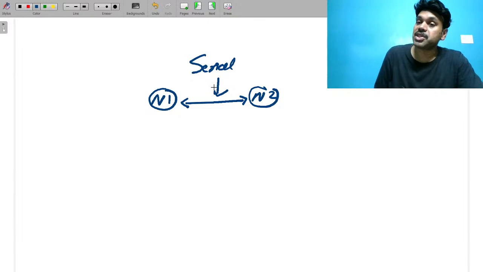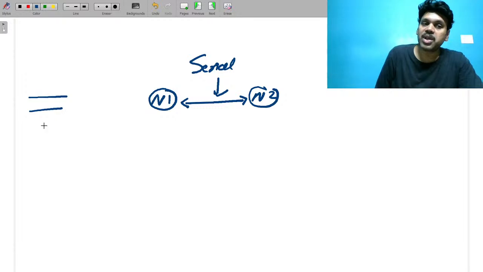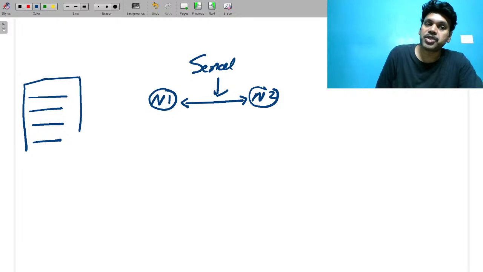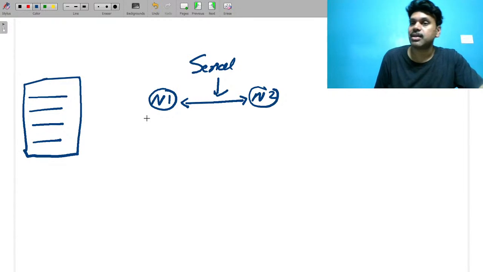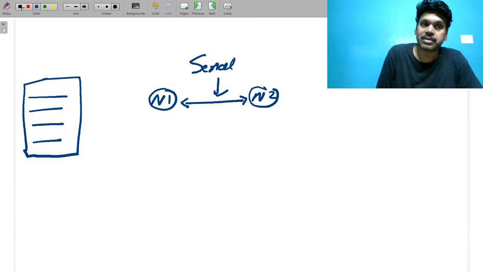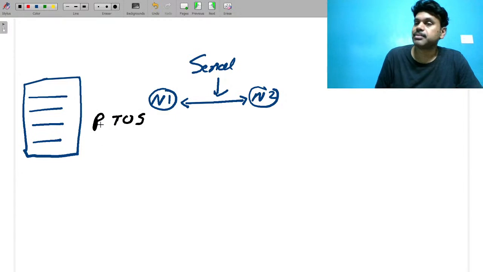But the data coming to you is parallel, no doubt, because outside, whenever you do data transmission, it will be parallel only. So you receive data from others in the form of parallel, but you push your data in the form of serial. That's why converters are required: a parallel to serial converter.